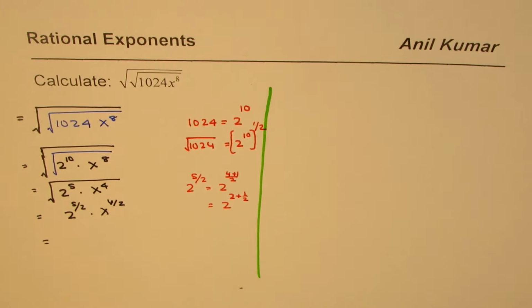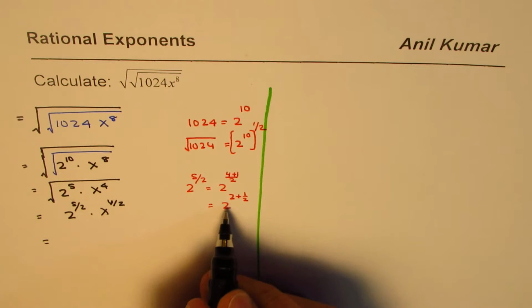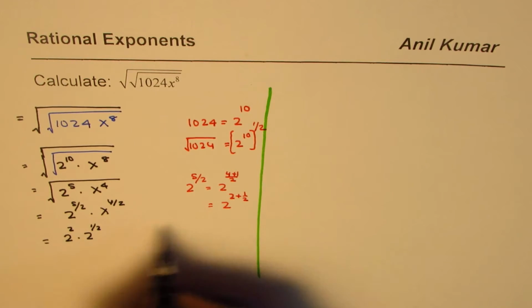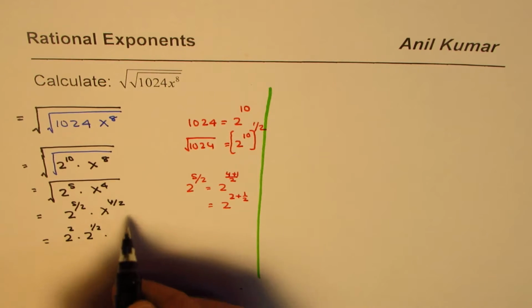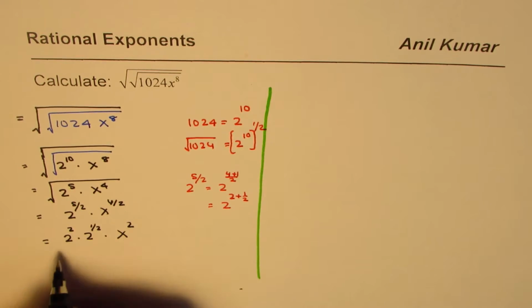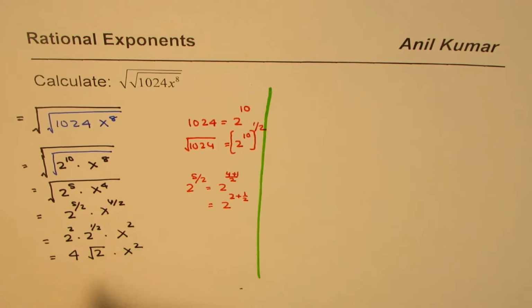So we have 2 to the power of 2, times 2 to the power of half. When you have plus, that is how it could be written. And x to the power of 4 divided by 2 is 2, correct? So we get our answer: 2 squared is 4, times the square root of 2, and this is x squared. So that is the way we could do it.